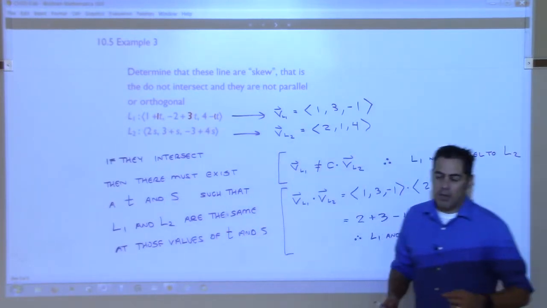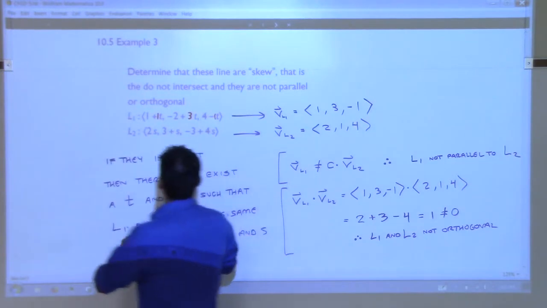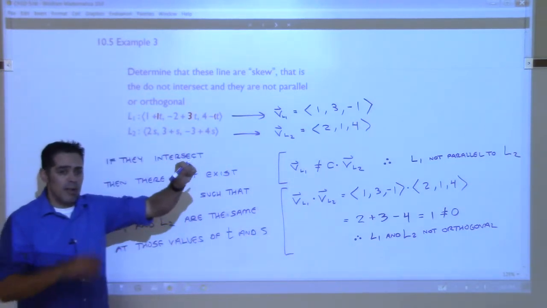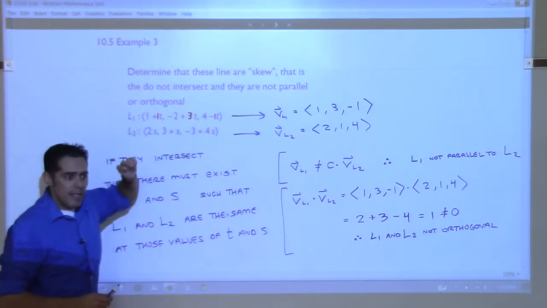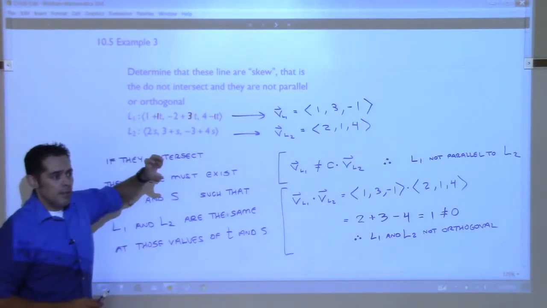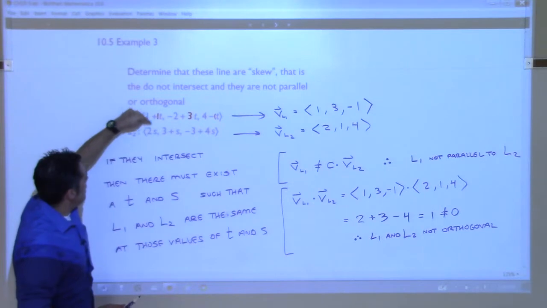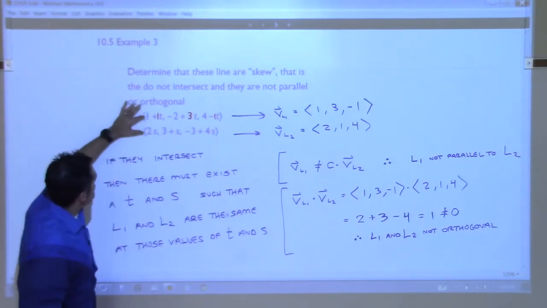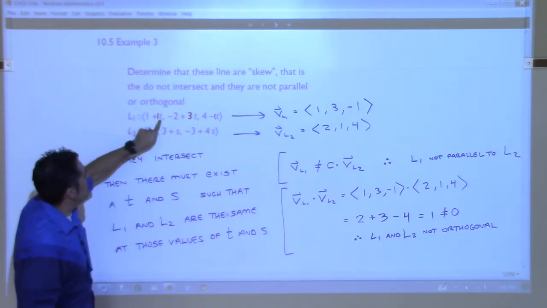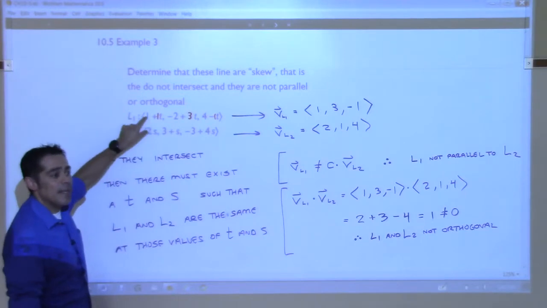If these hit each other, then there is some x-coordinate, y-coordinate, and z-coordinate that these will have in common. Let's just say it's 5. If this is going to be 5 and this is going to be 5, then there's some t that would make this 5 and some s that would make that 5.